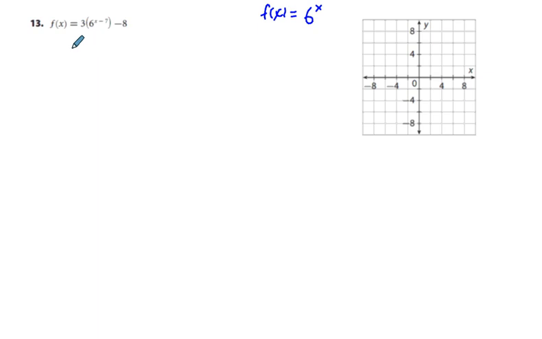So here we have a is equal to 3, which is a vertical stretch by factor of 3.